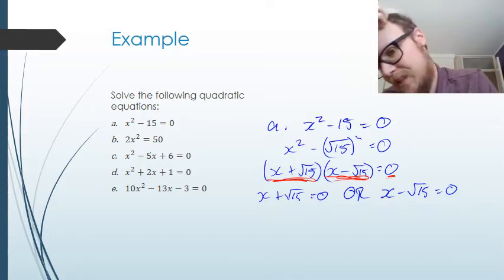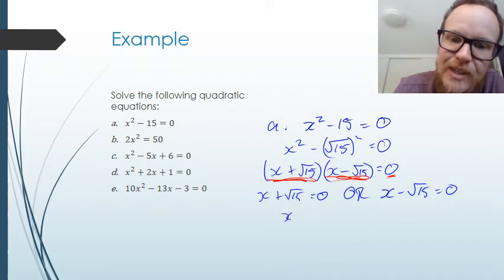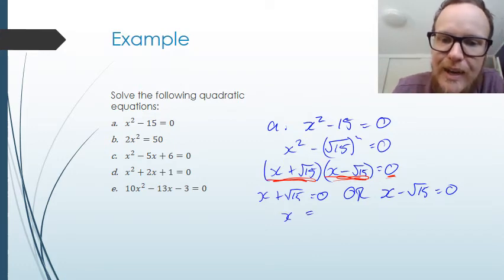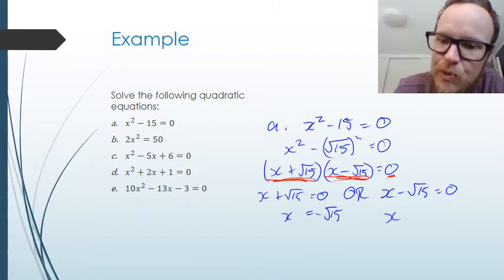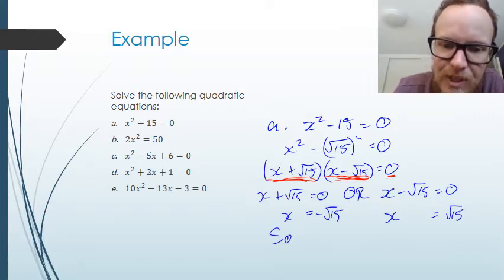So we can say that either of those things might be true. So I get x equals negative root 15, or x equals positive root 15. So that means we can say x equals plus or minus root 15.